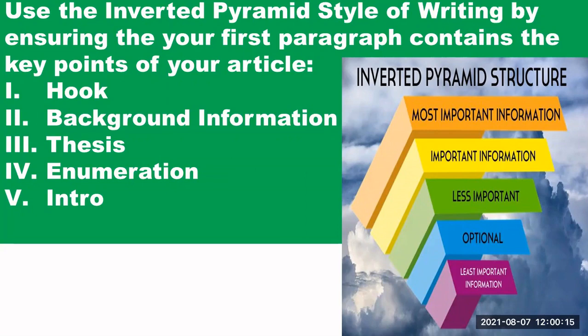The first is what we call the hook. The second is the background information. The third one is the thesis. And the fourth one is enumeration, while the fifth one is the intro. All right. So you can look at this inverted pyramid here. Most important information comes first, then important information, less important, optional, least important information.